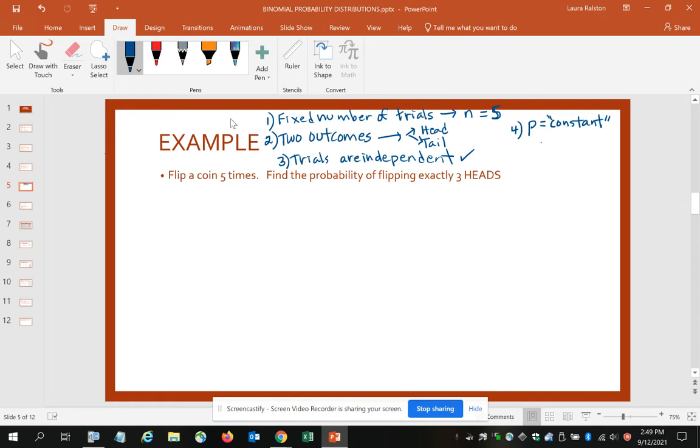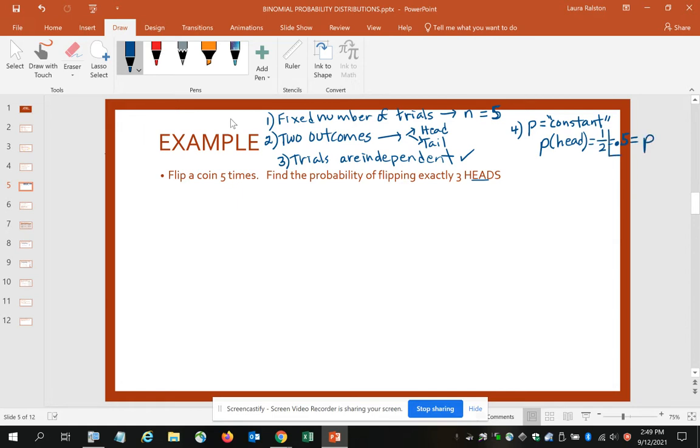constant. If we think about what that would be, our success here is we want to flip a head. So the probability of getting a head when I flip a coin, I hope you realize, would be 1 out of 2 or 50%, 0.5. So flipping a head is 0.5, which is my probability of success.